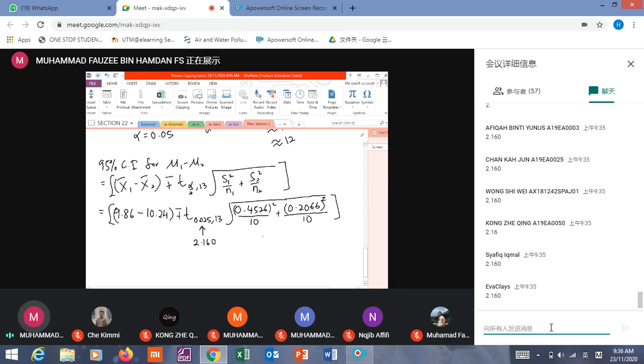Okay, 2.160. So you already have all the values, then you can finish this: the lower limit and the upper limit. Okay, finish.